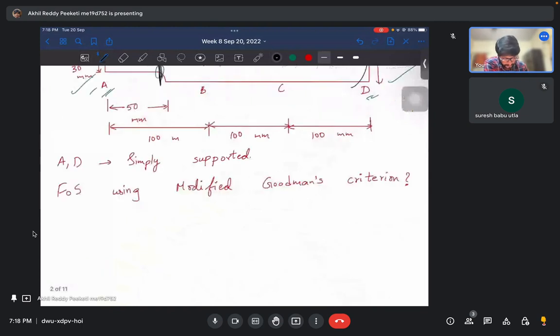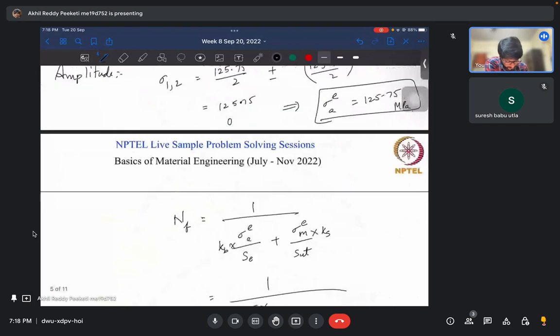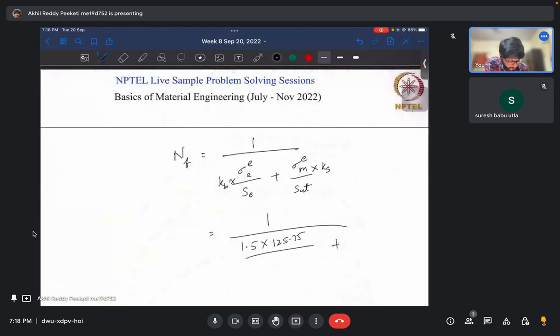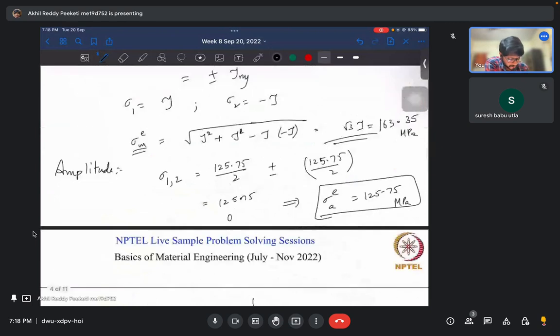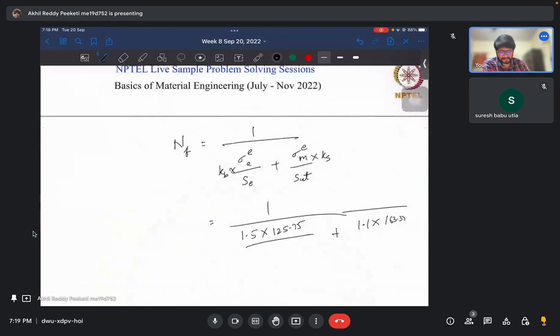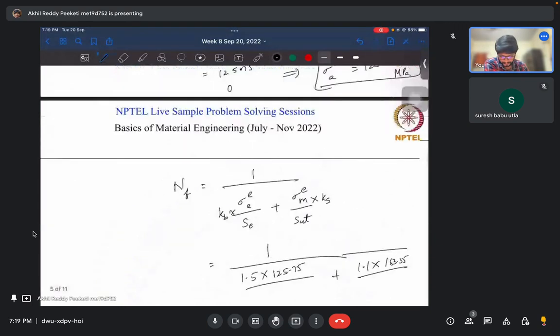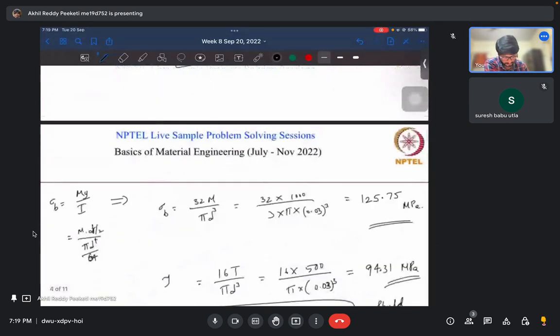So 1.5 into the amplitude 125.75 by Se, plus 1.1 into the shear 163.35 by SUT, which is 300 and something.